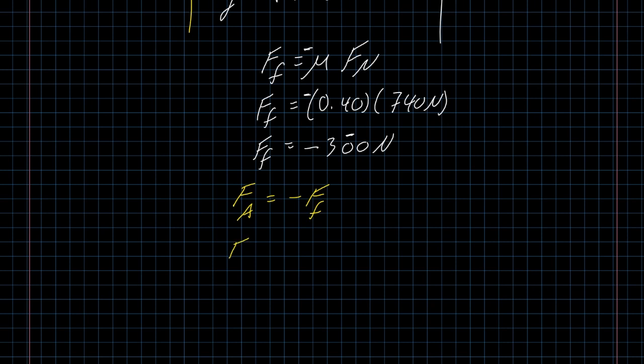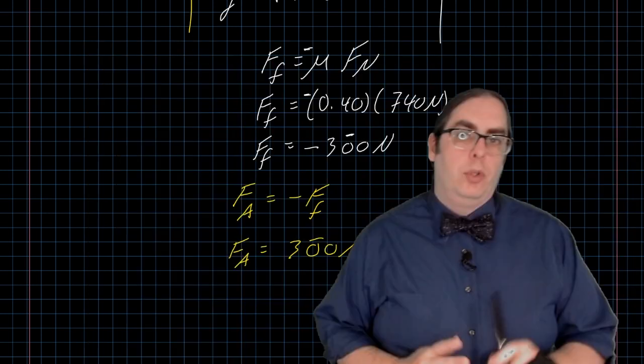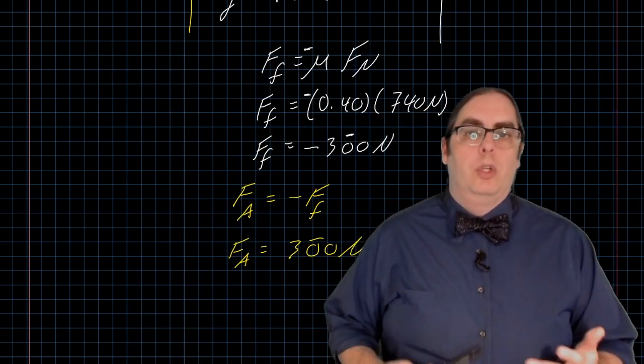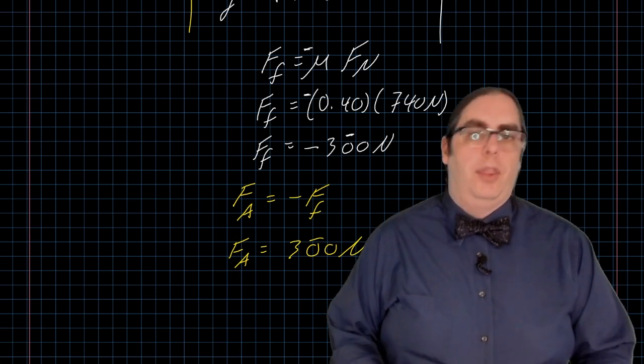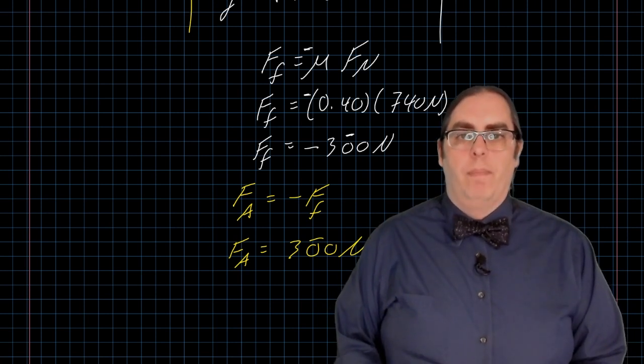Ever so slightly larger means equal to within the significant figures we have, and 300 newtons. Right, so in order to get this crate moving, we are going to need to apply 300 newtons of force.